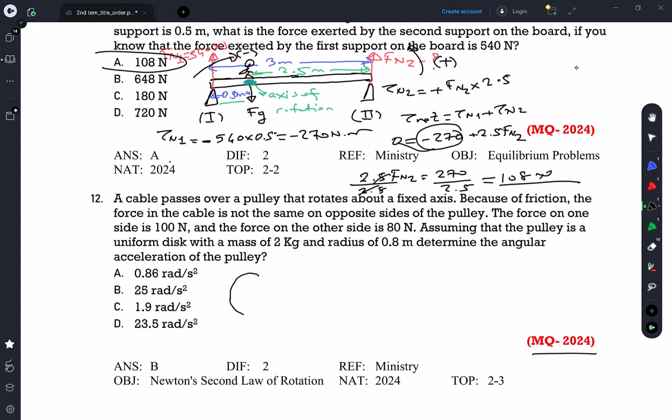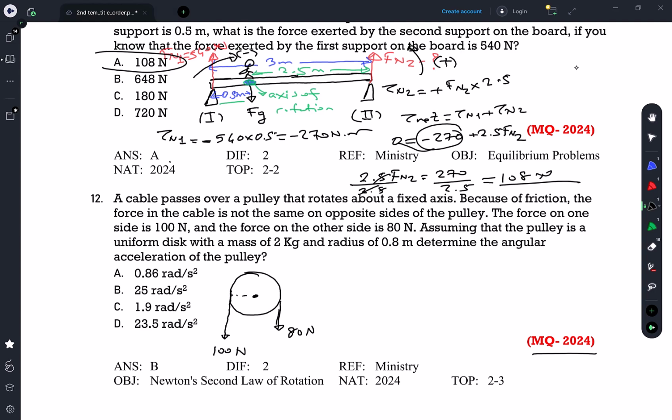It's a pulley, which is a disc. So, center, one force on one side is going to be 80 Newton, the other force on the other side is going to be 100 Newton. So this cable passes over the pulley.